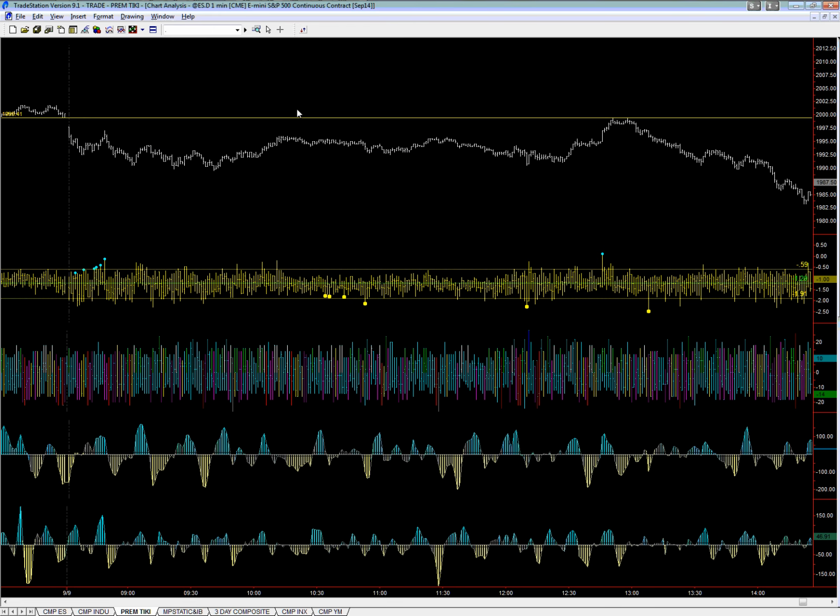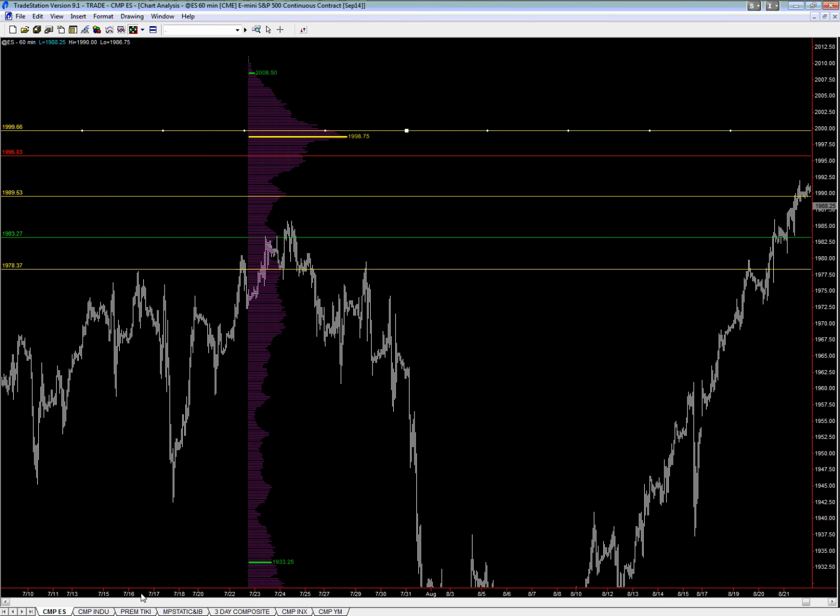When the market dropped again, look at where we were at. All right, 99.5. Where's this going to find potentially some support? It's moving down.